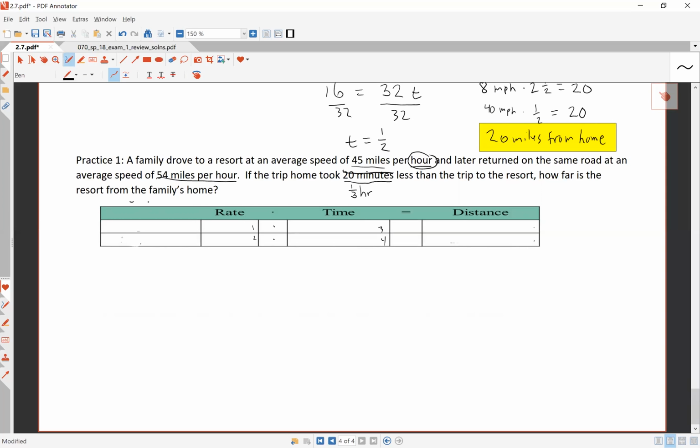Don't use the 20 minutes. Use the fact that 20 minutes is 1/3 of an hour. If the trip home took 1/3 hour less than the trip to the resort, how far is the resort from the family's home? Okay, please press pause on your video, try this problem, and come back when you're ready to see it worked out.